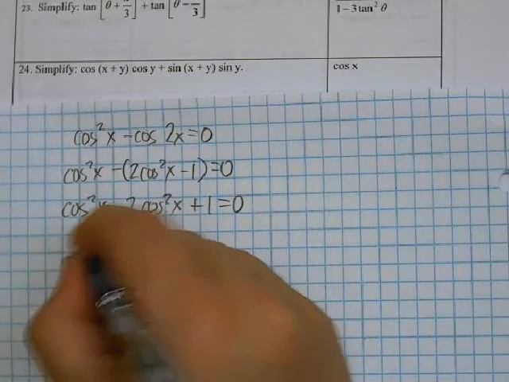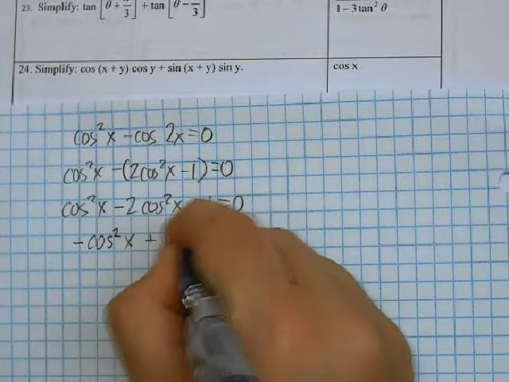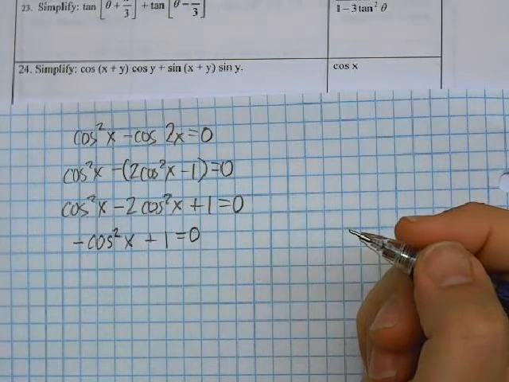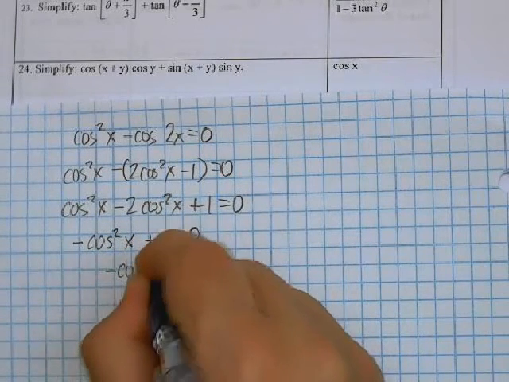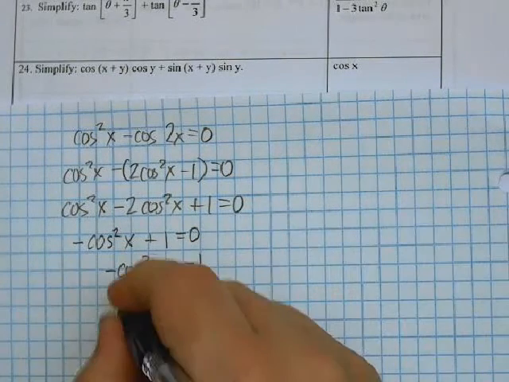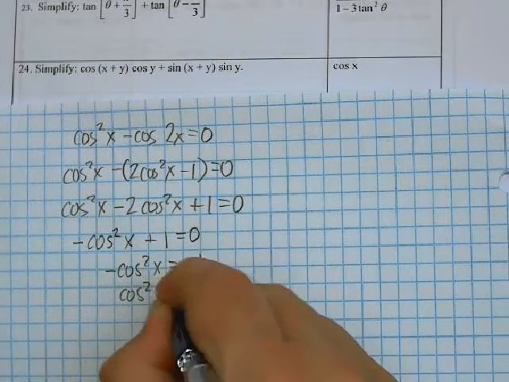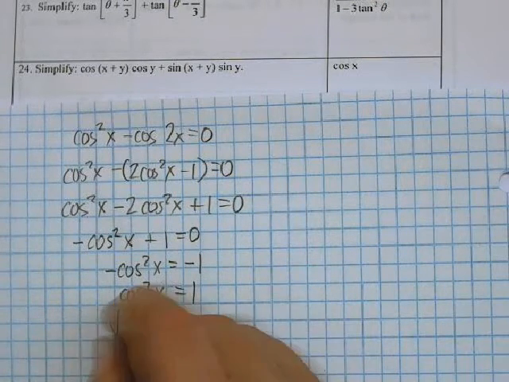Now I can combine like terms. We'll go ahead and subtract 1 from both sides. Divide by negative 1. And then take the square root.